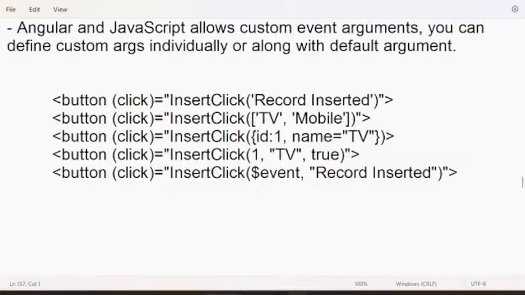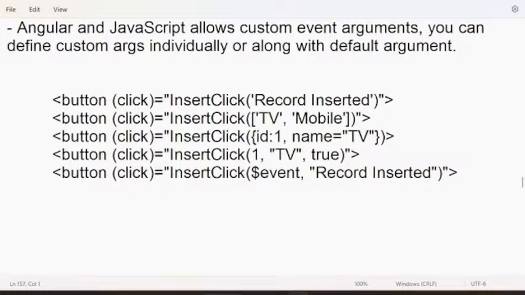Based on what type of arguments you are passing, you have to collect and use those arguments. We have to declare those relative types. For example, see here, along with $event, I am writing one more, record inserted.